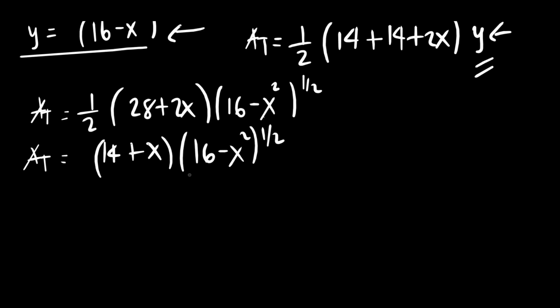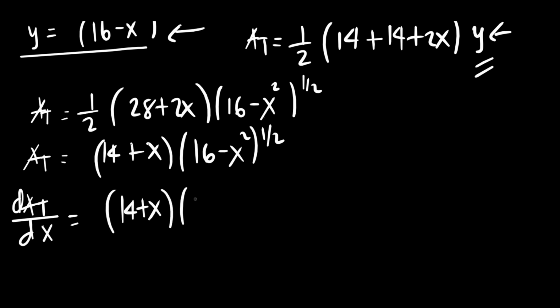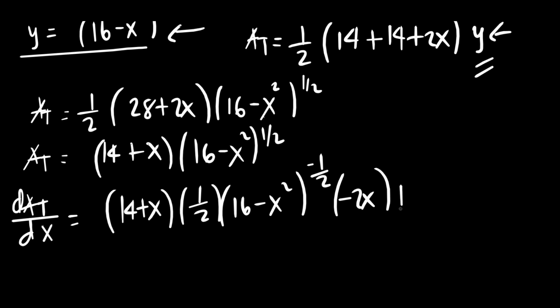So we'll differentiate. dA/dx is equal to 14 plus x, just copy, 1 half multiplied by 16 minus x squared raised to the power of negative 1 half multiplied by negative 2x, plus, just copy, 16 minus x squared raised to the power of 1 half. The derivative of 14 plus x is just equal to 1.